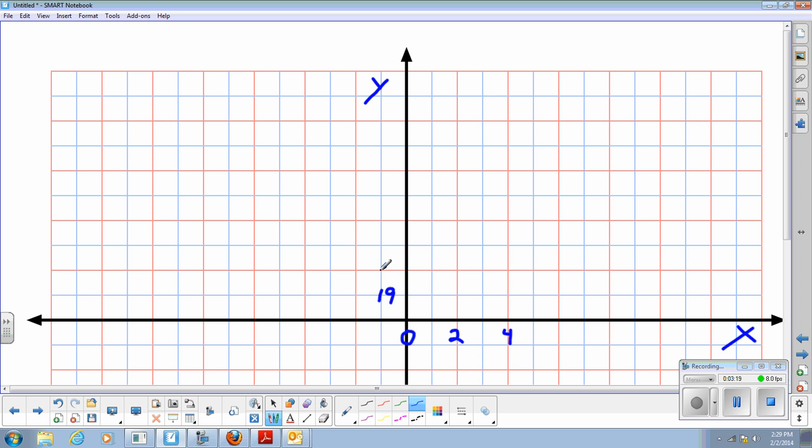If I go up 3, that's 22. And 3 more is 25. And 3 more is 28. And 3 more is 31. And lastly, 34.